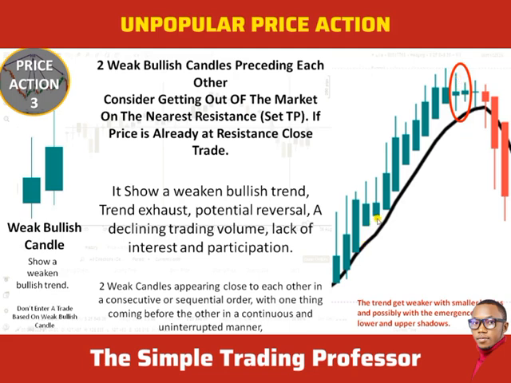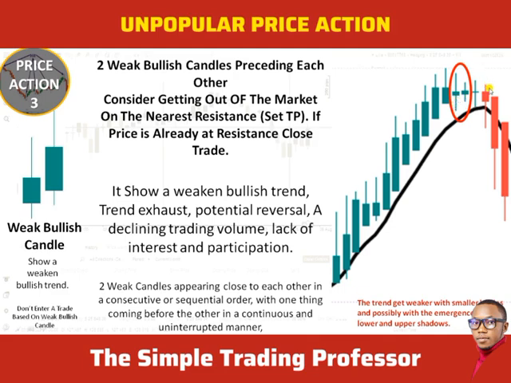You see this one here? This is a weak bullish candle. Sometimes it can be interrupted by a strong bullish movement before you see another weak candle again. No, I'm not talking about that. I'm talking about when there is no interruption. They follow each other sequentially. Then consider leaving the market.